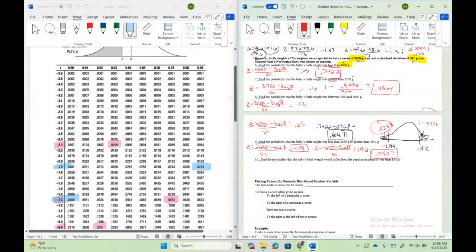All right, and the last question, find the probability that the birth weight differs from the mean by less than 150 grams. All right, so the mean was 3668, so I'm going to add 150. And subtract 150.